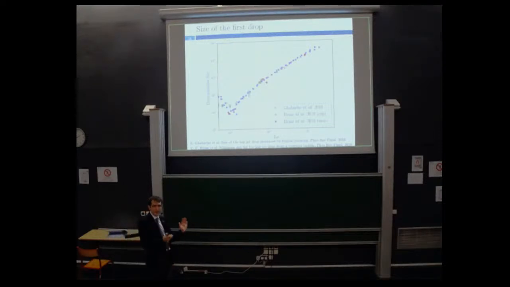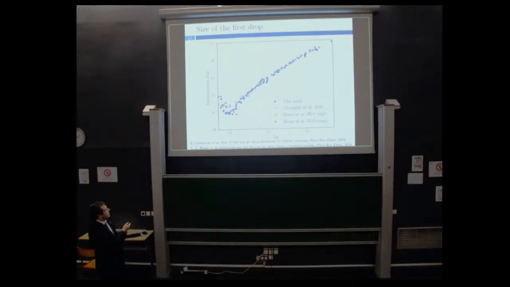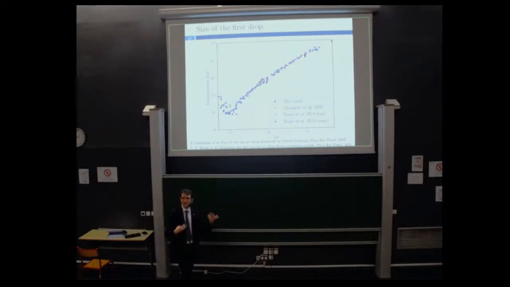So the capillary waves are again behind the size of the first droplet. We have explored 3 orders of magnitude in the Laplace number, and in terms of size, we're exploring 4 orders of magnitude. So the Laplace number seems to be very important to characterize the size of the first droplet.